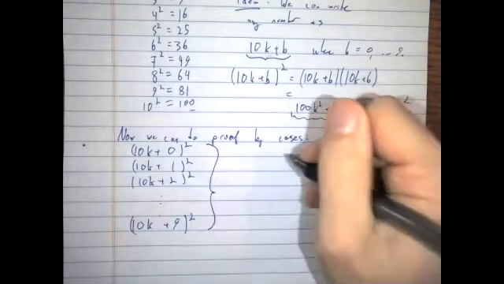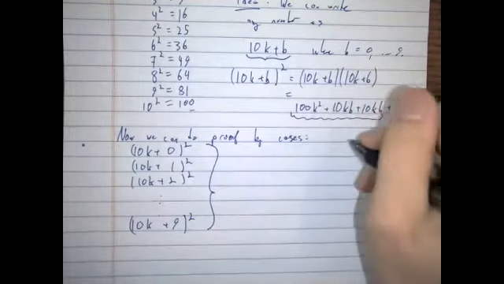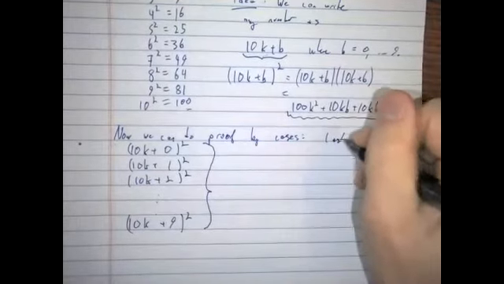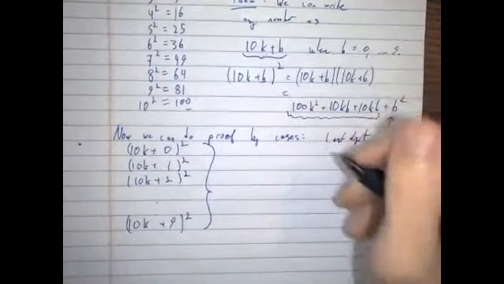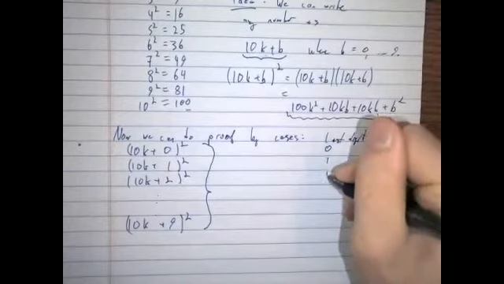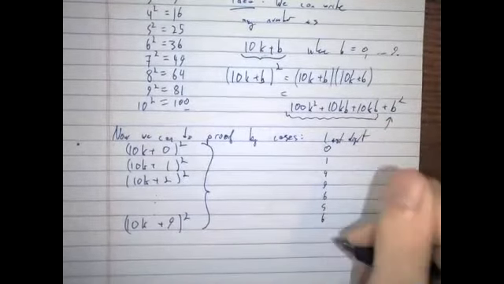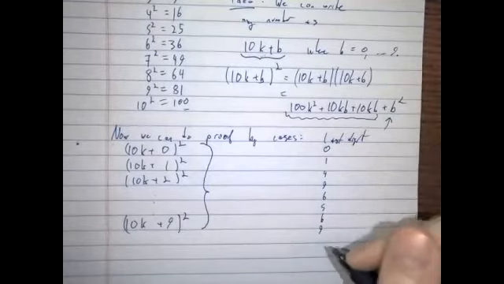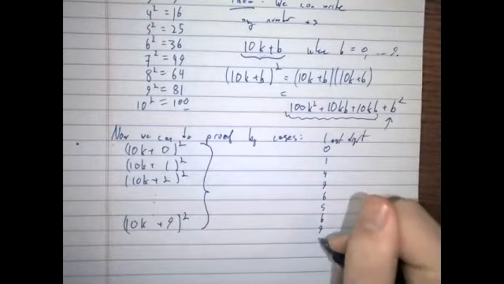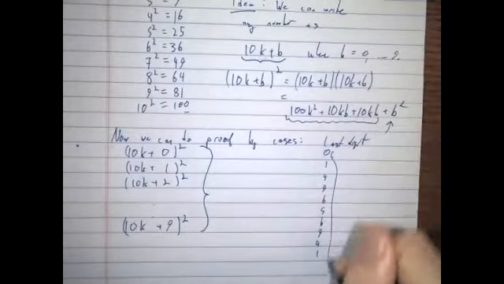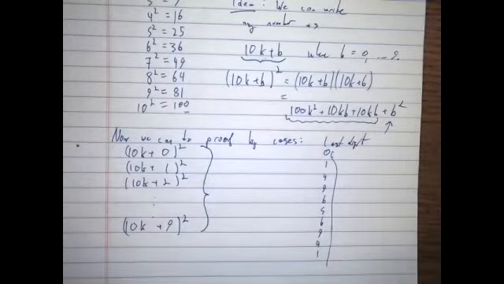And so in this case, we get exactly the same list: 0, 1, 4, 9, 6, 5, 6, 9, 4, 1. And so indeed, we see these are the only possible digits that can appear as the last digit.